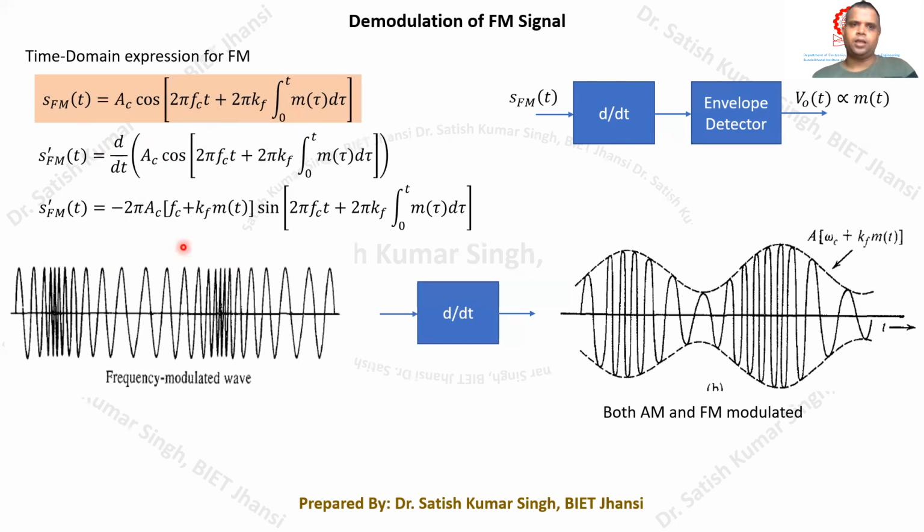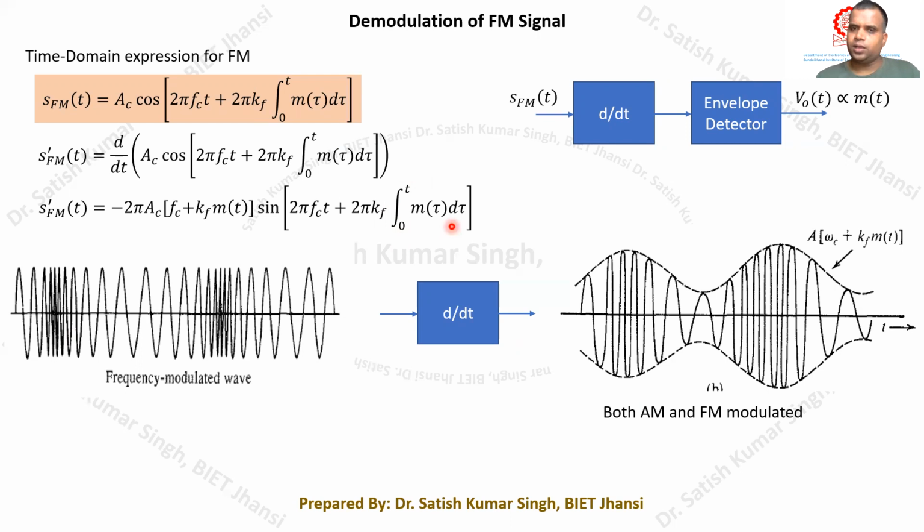So we get s_FM'(t), the differentiated frequency modulated signal, equal to minus 2π A_c, taking the 2π common from this factor, (f_c plus k_f m(t)), multiplied by sine(2π f_c t plus 2π k_f integration from 0 to t of m(τ) dτ).